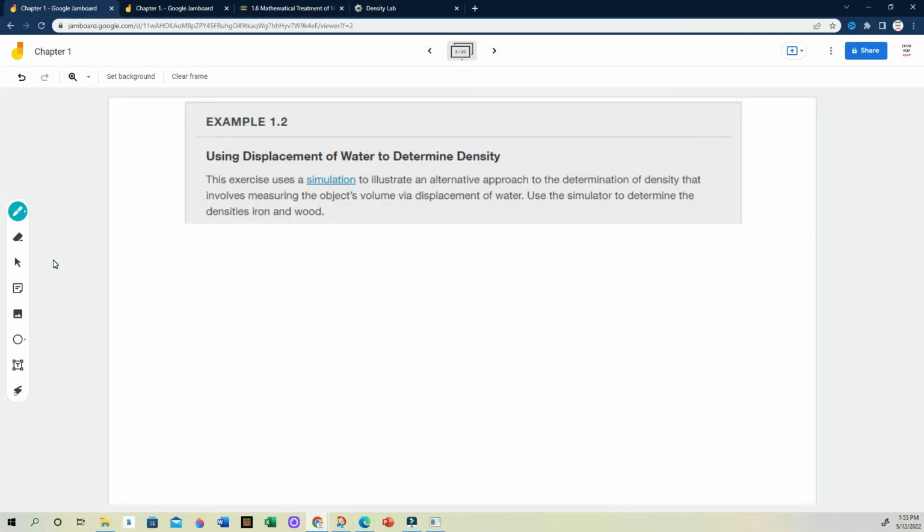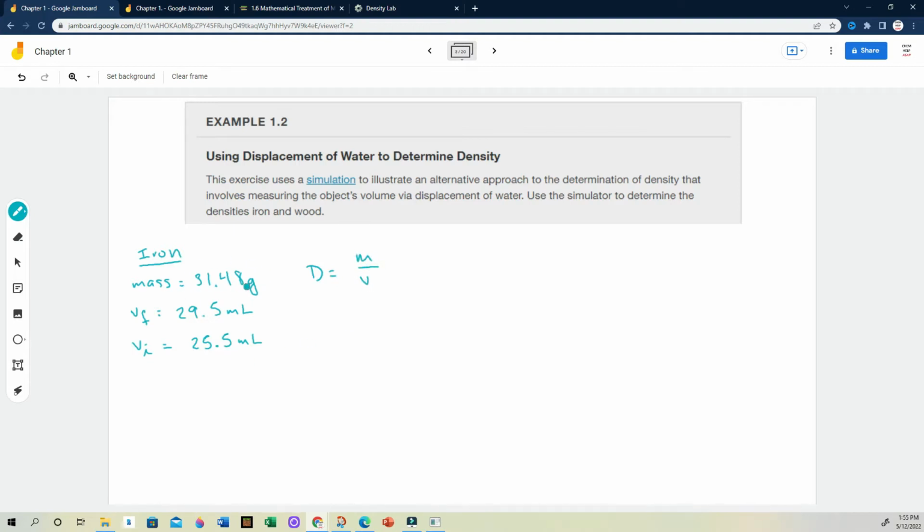So let's write down the data we collected. For the iron, we had a mass of 31.48 grams. And our final volume of our water was 29.5 milliliters. And our initial volume of our water before we put the chunk of iron in was 25.5 milliliters. Remember, for density, we need mass over volume.